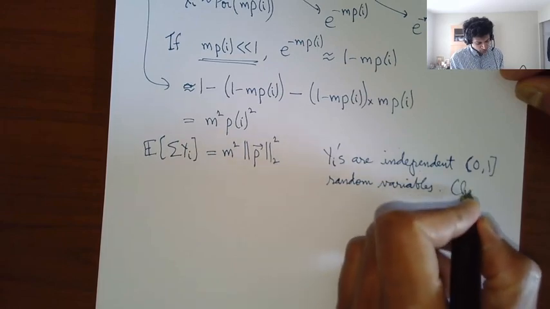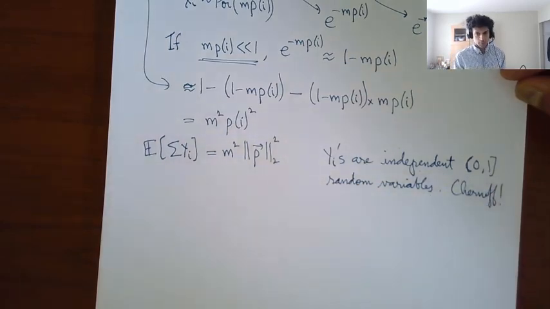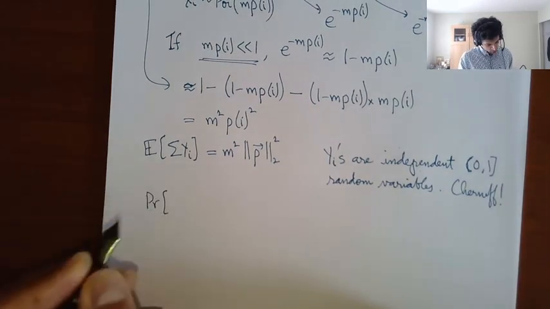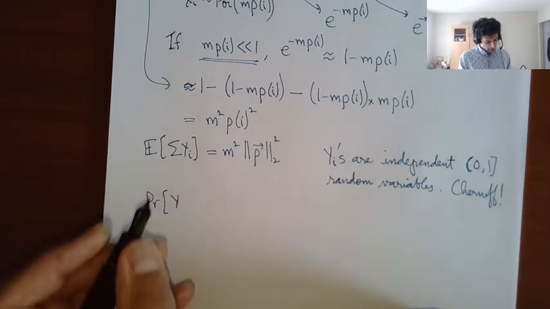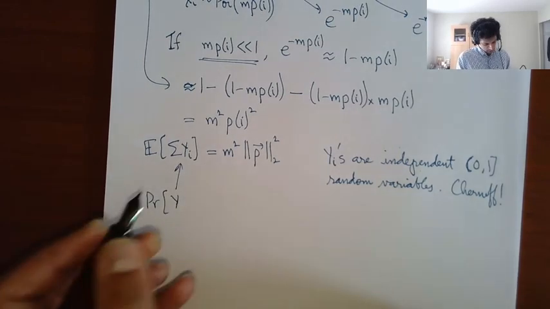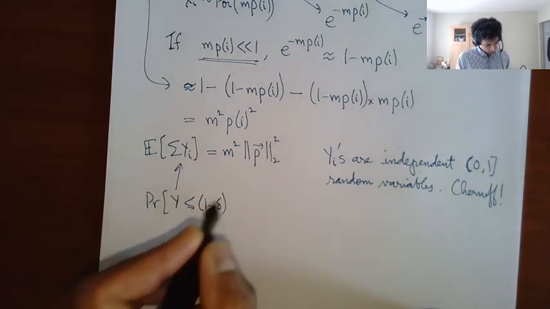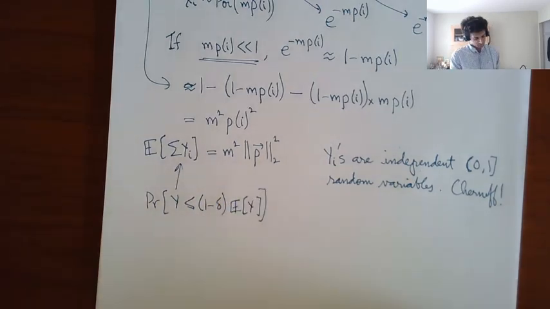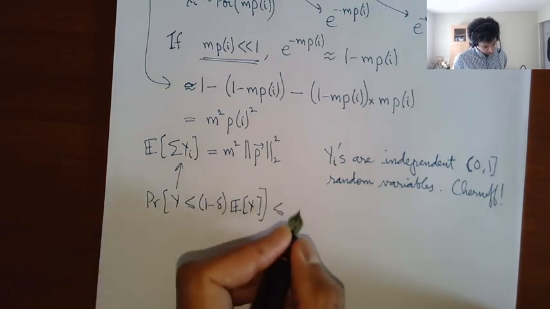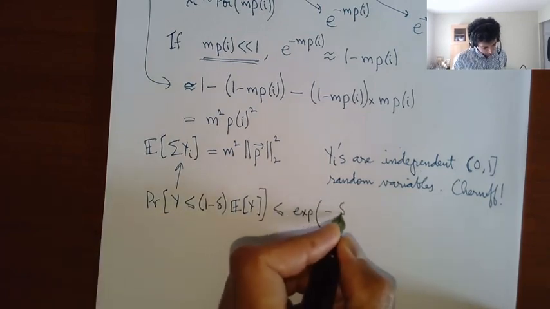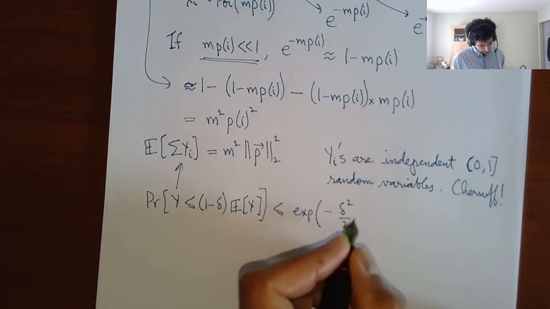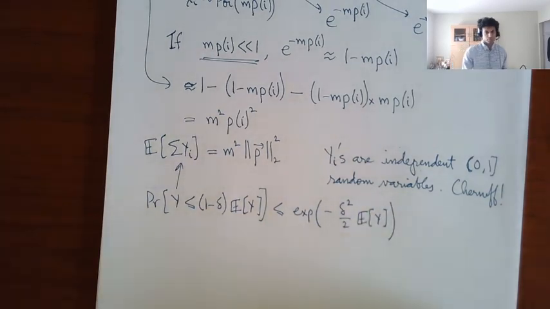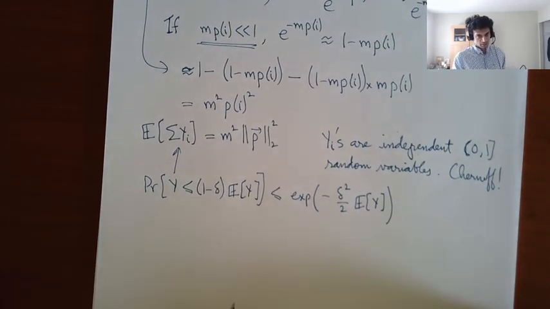So now I can just use the Chernoff bound. What is the probability that y, which is the sum of yi, is going to be less than 1 minus delta times its expectation? This is going to be e to the minus delta square divided by 2 times the expectation of y. And now here's the key.